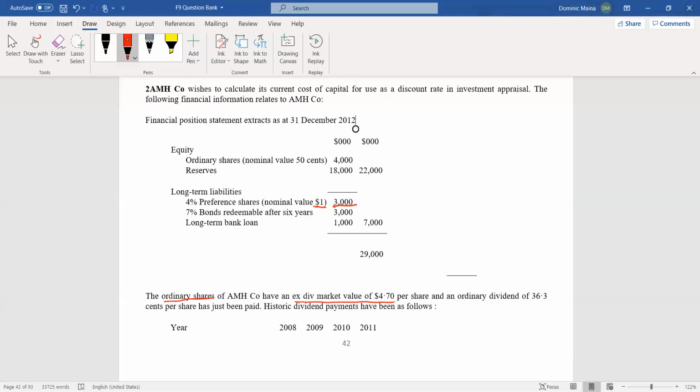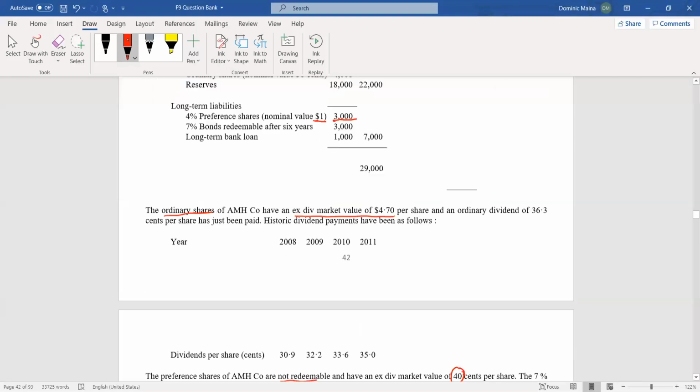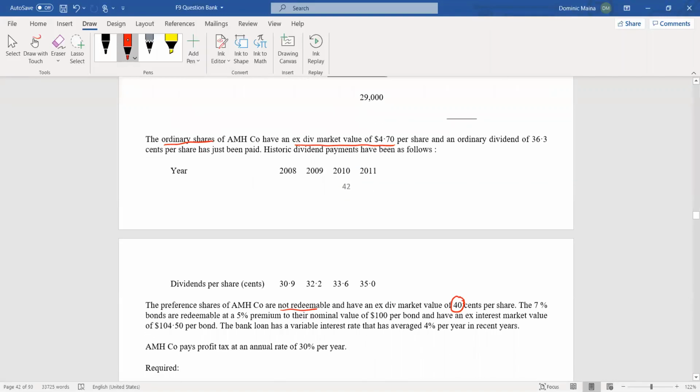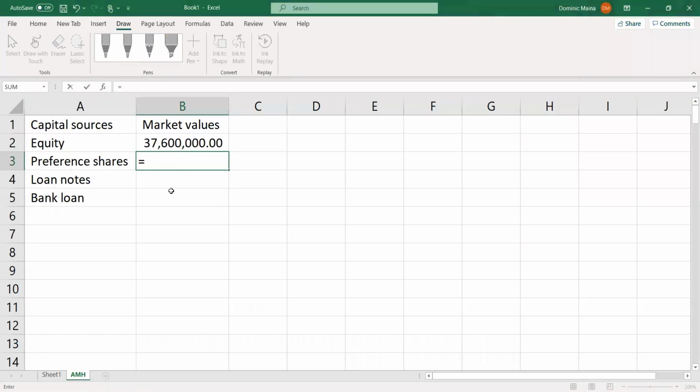So 3 million divided by 1, times the 40 cents, the market value per preference share. So it is equal to 3 million, the number of issued preference shares, multiplied by the market value per preference share, which we are told is 0.4.